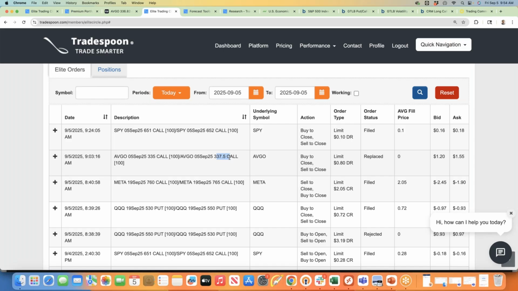And then instead of risking 80 cents, I'm risking maybe $8, $10, $20, right? Getting assigned is one of the first things you want to learn to avoid if you trade options, right? So the goal by end of day, well, the spiders I'm already out, but Broadcom I need to close, right? And I need to carefully monitor it.